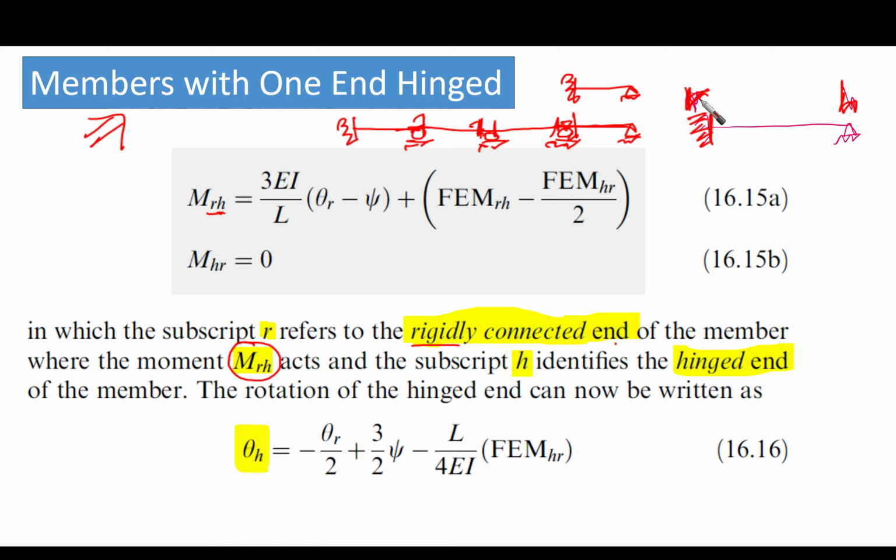Actually here at this fixed end, the moment is going to be MRH because this is the near end, and H is the far end. The moment that is going to be developed here is called MRH, and the subscript H identifies the hinged end of the member.